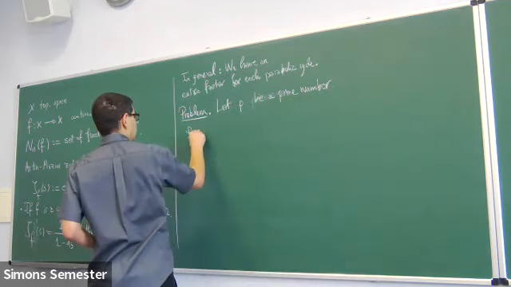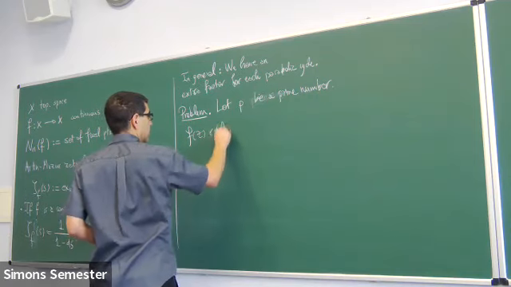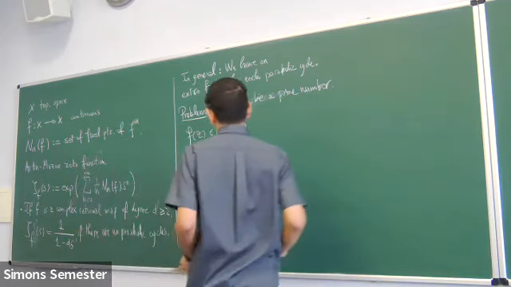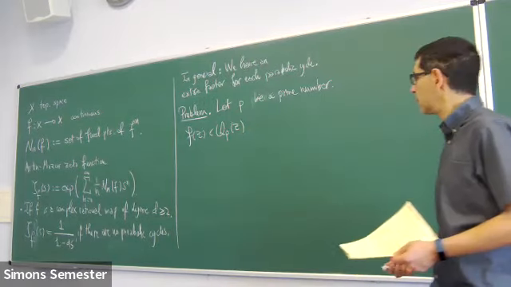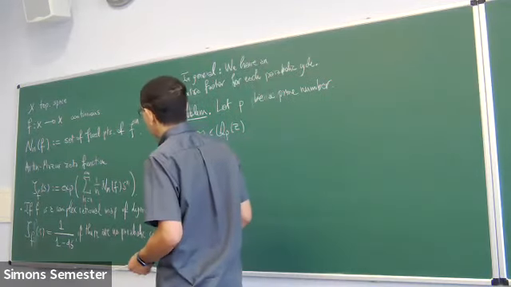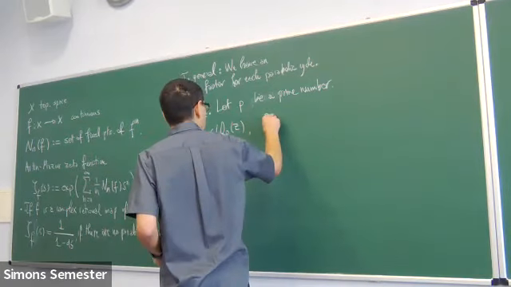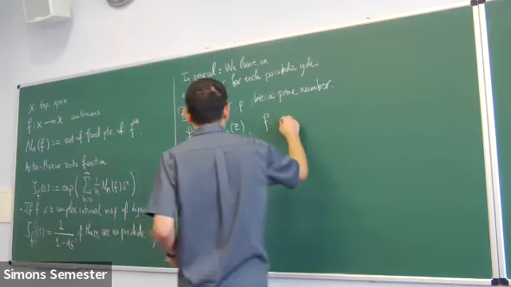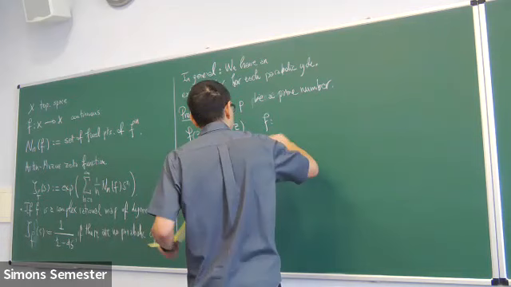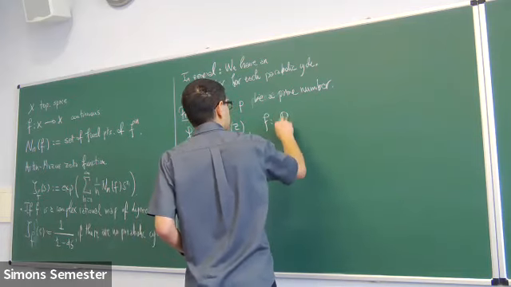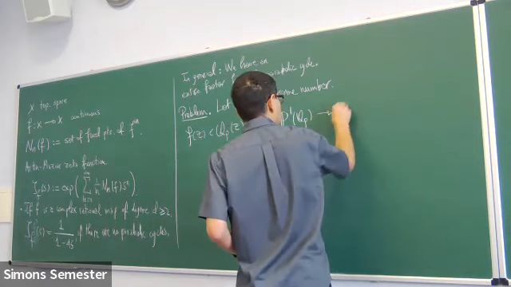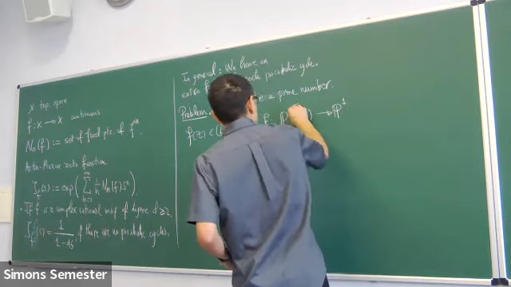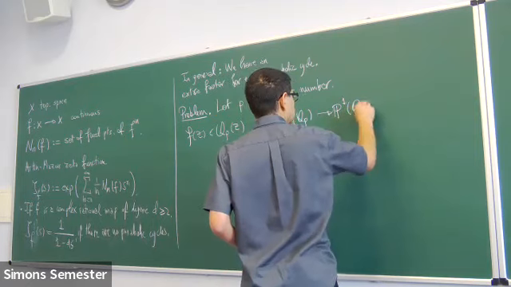Then we consider a rational function with p-adic coefficients, and maybe we want to add infinity.